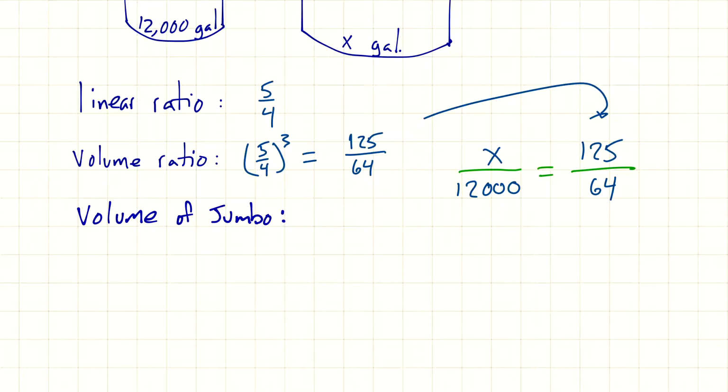All right, so hopefully you've cross multiplied and got a final answer for this. Let's see. So this is going to be 64x is equal to 125 times 12,000.